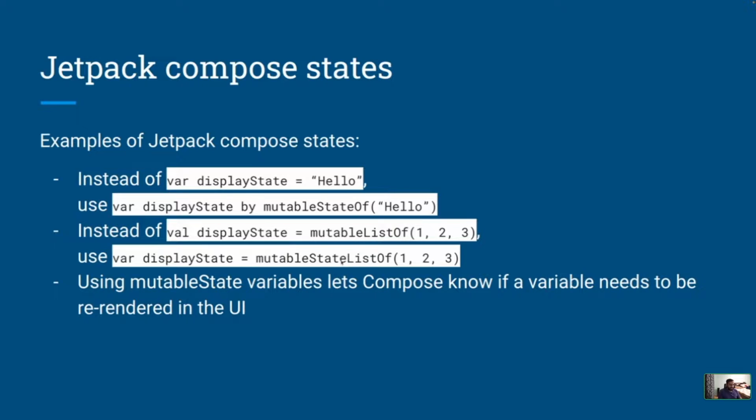You have to use mutable state lists. This is going to come in handy for our tic-tac-toe implementation, because basically we're going to have a 2D mutable state list, and the idea is that anytime you make a change to a specific tile, you just change it in that array, and it's going to reflect within the UI right away, and that's going to be pretty nice.